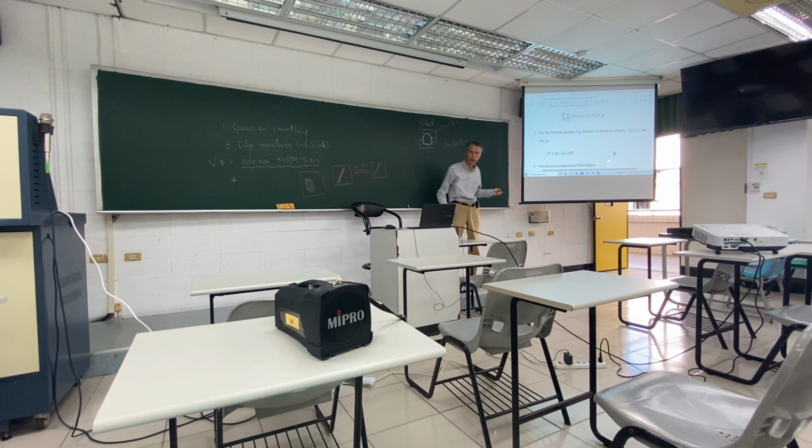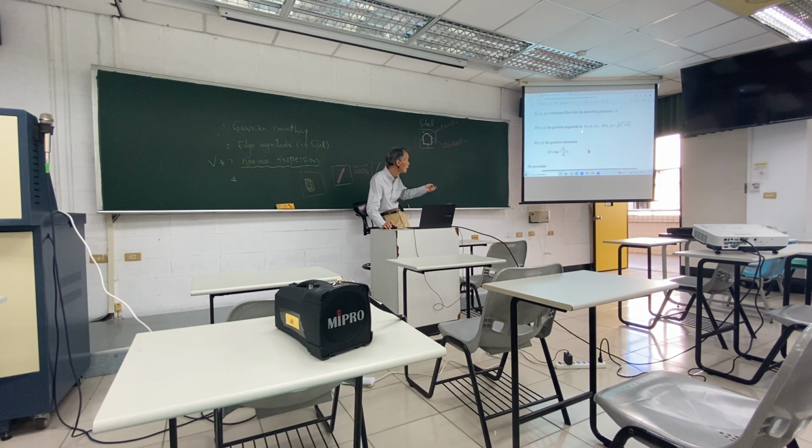The direction is calculated by Gy over Gx. Then we take the arctangent. Then we calculate the theta. Theta can be defined between 0 and 180 degrees or plus minus 90 degrees, okay?